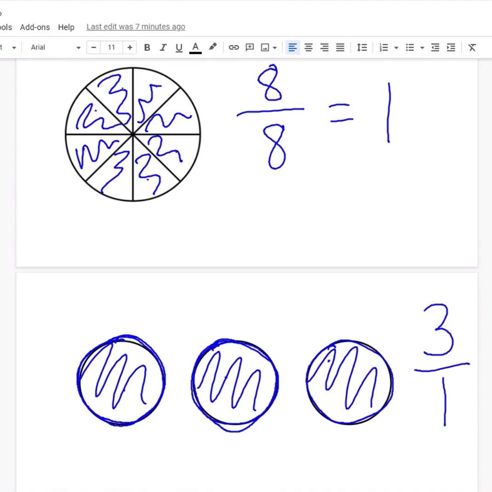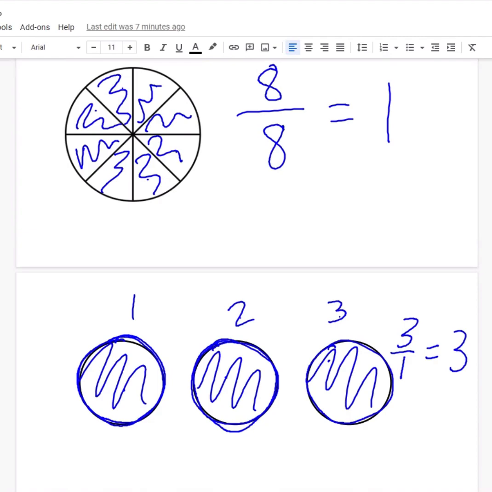So 3 over 1 is the same thing as, here, let me erase this so you can see it. 3 over 1 equals 3, because it's 3 circles, right? You've got 1 circle, 2 circles, 3 circles. So 3 over 1 equals 3.